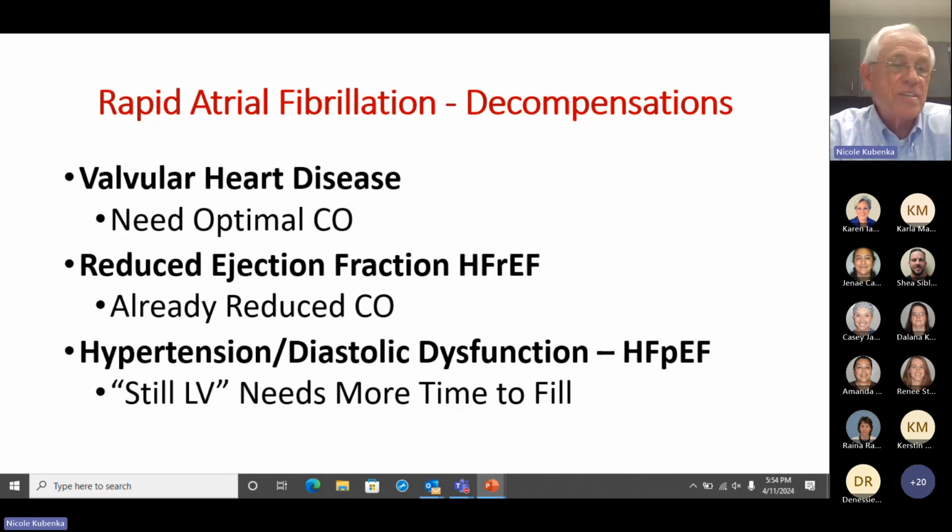So that's the essence of atrial fib and why we're concerned about rapid atrial fib. All right. So if people have an otherwise completely normal heart, their valves are completely normal, they've got a normal ejection fraction, their blood pressure is usually normal, those people can actually tolerate a pretty high atrial fib rate because they've got lots of room to compensate.